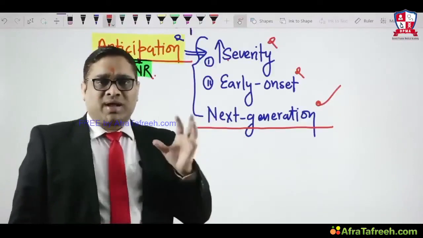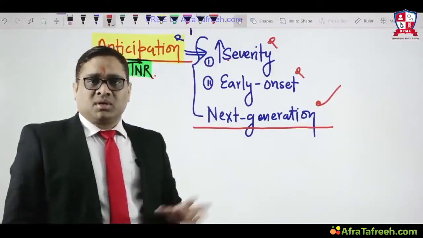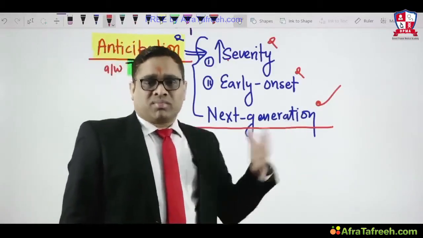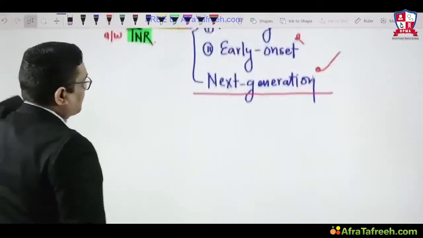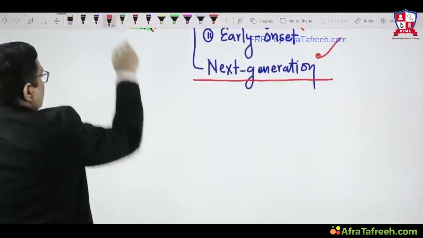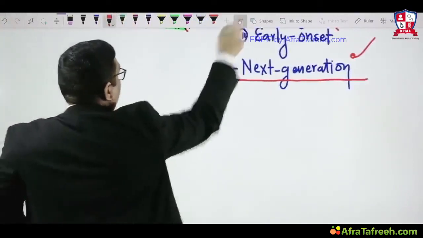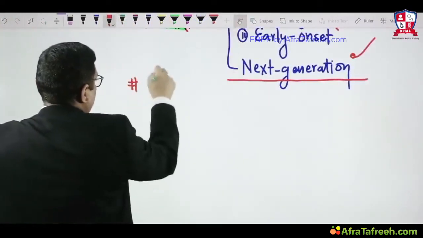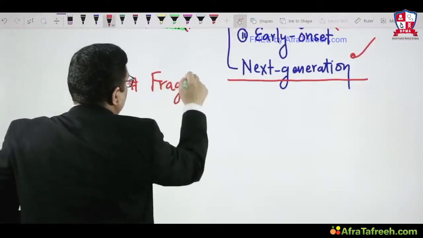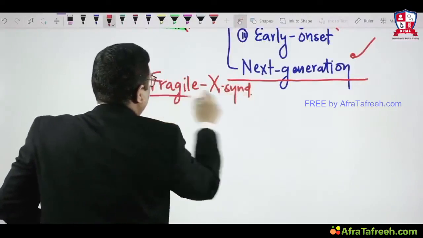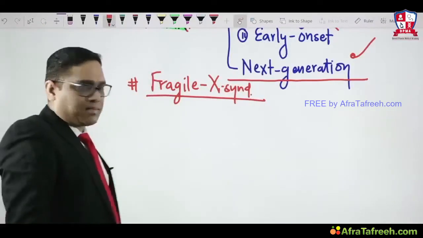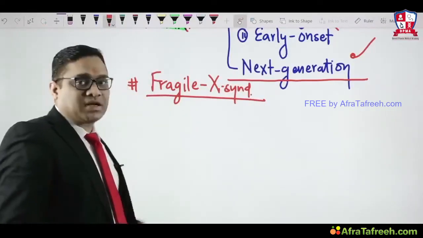Anticipation belongs to trinucleotide repeat mutations like Huntington's chorea or maybe Fragile X syndrome, right? Now here I would like to tell you some important points about Fragile X syndrome also, a very important topic which had been asked in both All India and PGI exams.